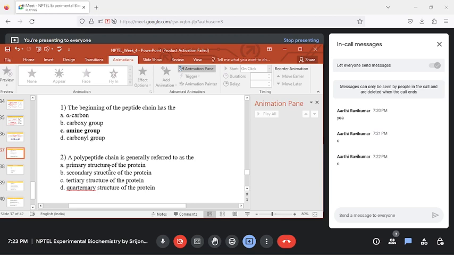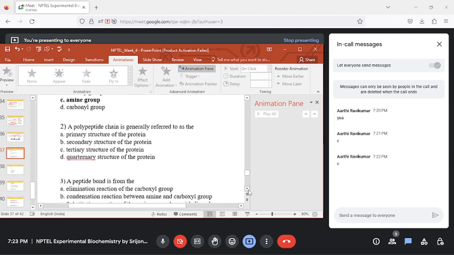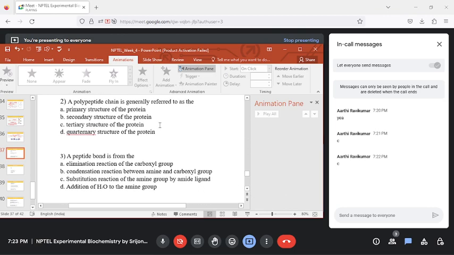Now these domains are important for your tertiary structure, but if I am speaking of a polypeptide chain, it is only a chain, it is the primary structure of the protein. Okay, but it's okay, you tried, it's good. But the right answer is that the polypeptide chain is referred to as the primary structure of the protein.